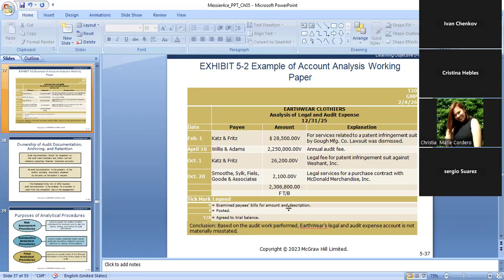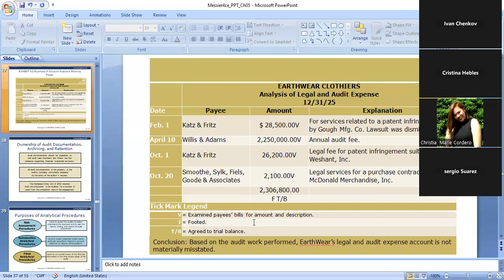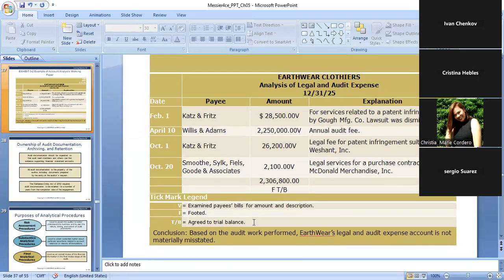And then we're going to have the tick legend. V means vouching, F footed, and TB related to the trial balance. That's how it's going to be.